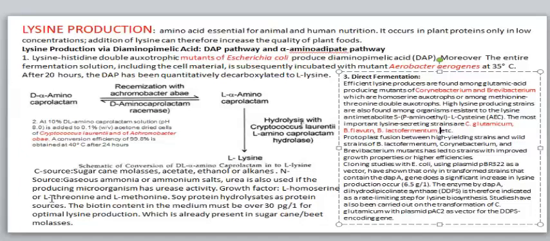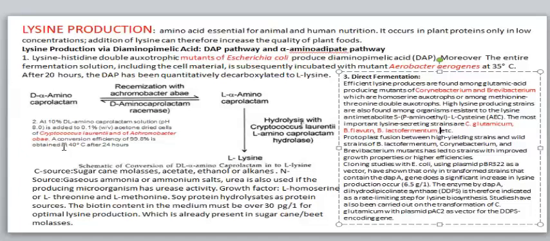The carbon sources commonly used are cane sugar, molasses, acetate, ethanol, alkane, and gaseous ammonia or salts are used as nitrogen source. Growth factors are also added for the production of lysine.